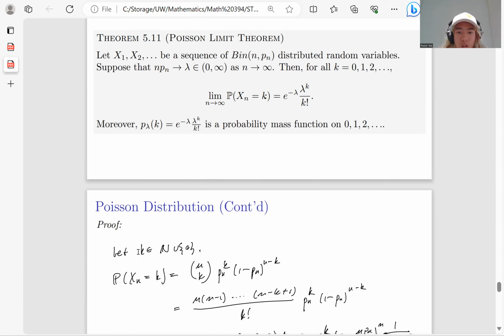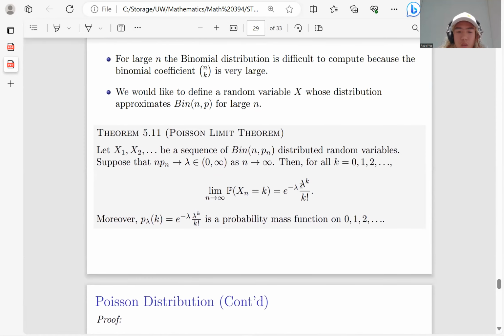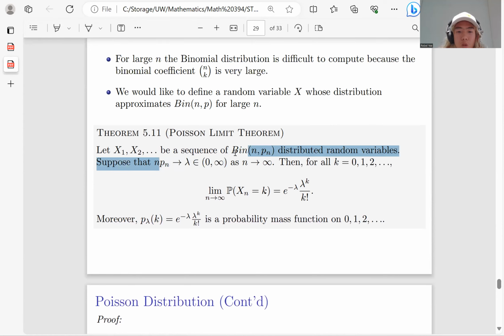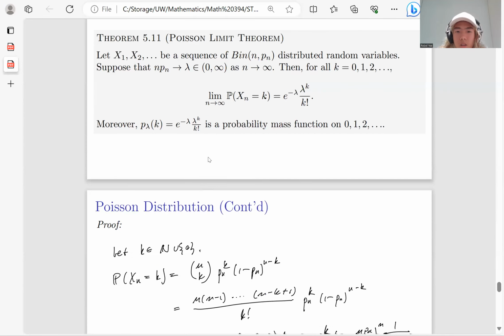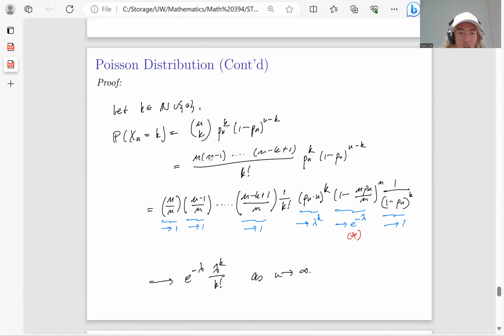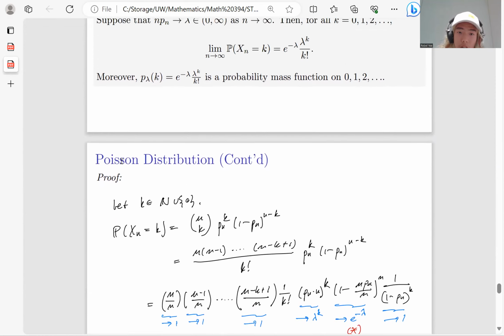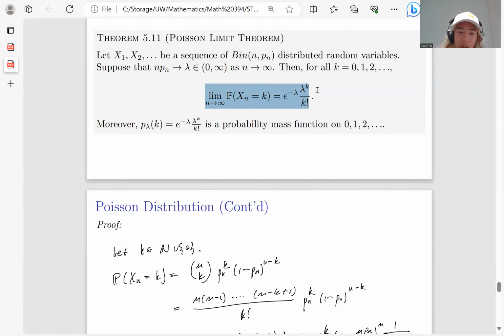And maybe we are not familiar with what lambda is. Lambda is n times p, the probability of the binomial distribution times n, the number of observations. So that's lambda.